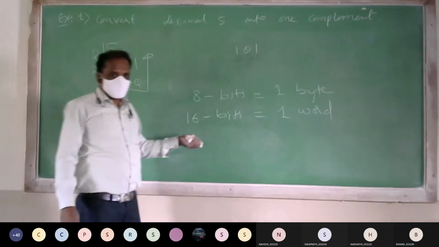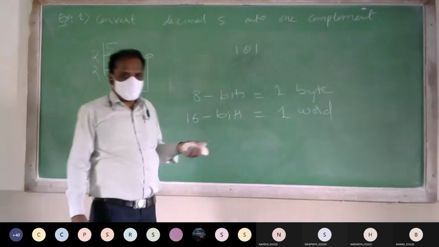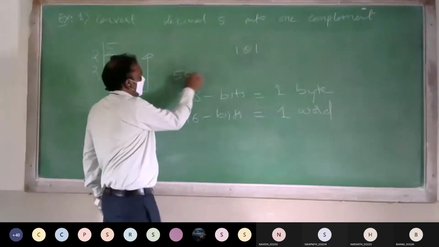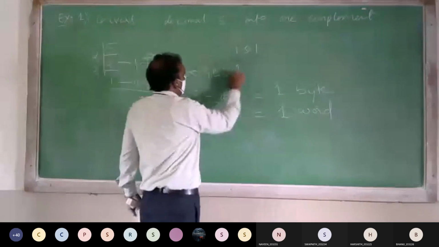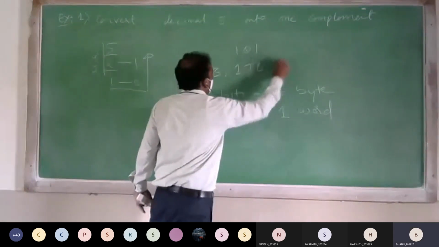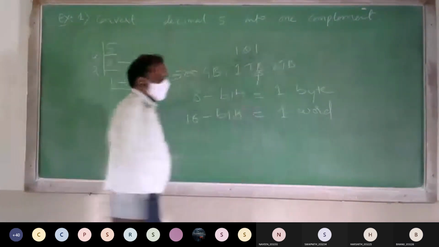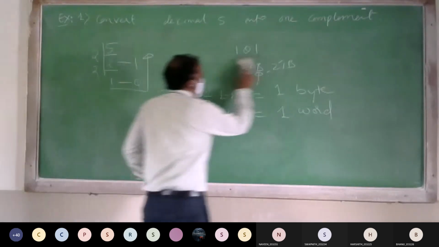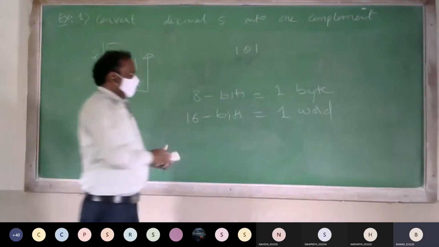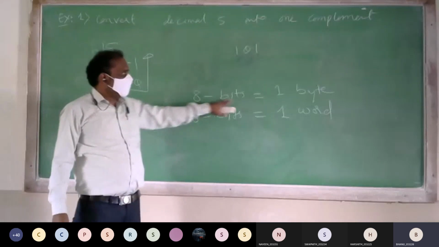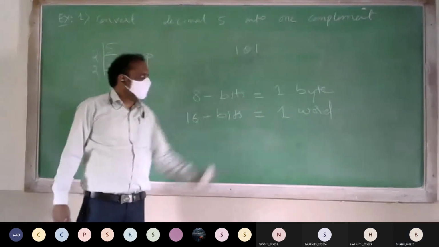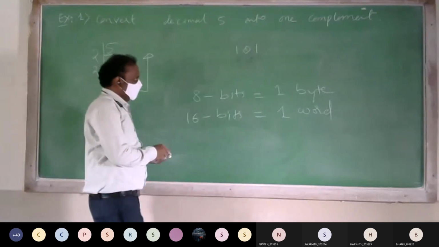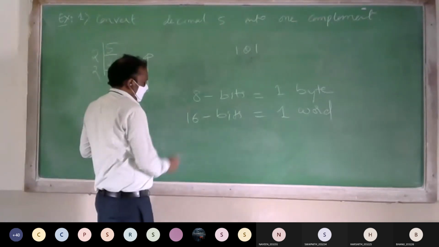Like in a laptop, what is the hard disk capacity? Hard disk capacity might be 500 GB or 1 TB or 2 TB, like that. B means byte. So 8 bits is equal to 1 byte. 16 bits is equal to 1 word.